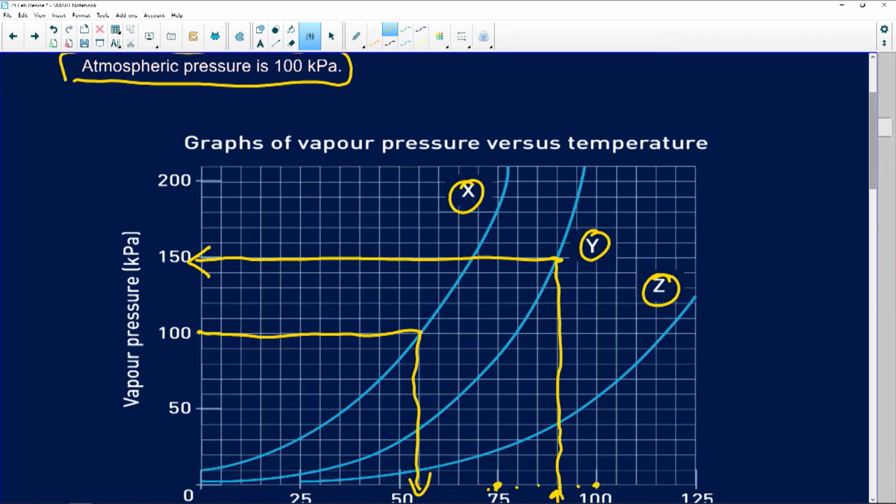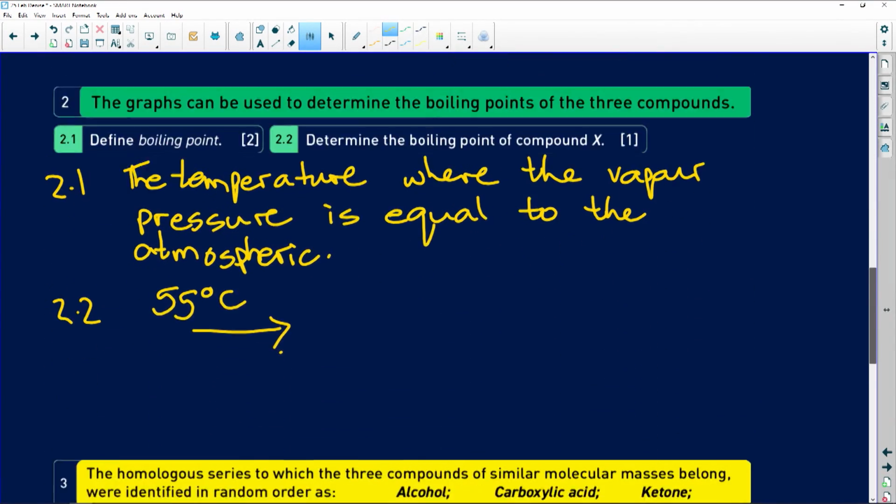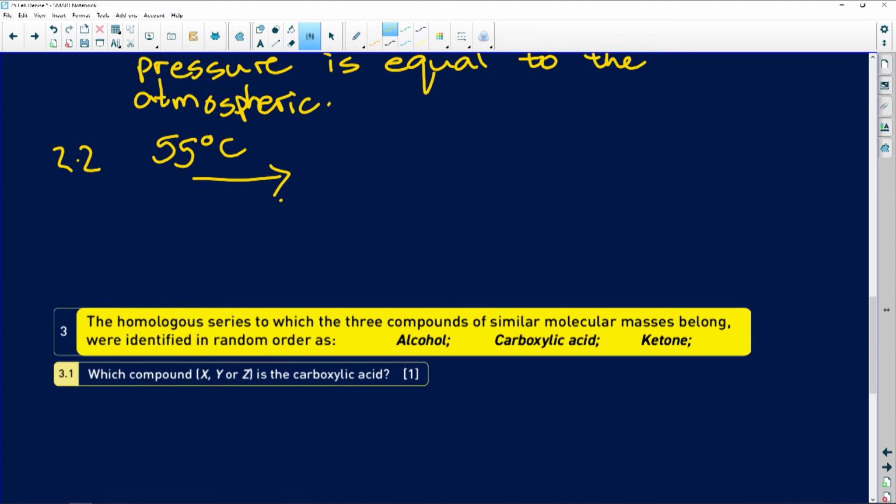All right, so the question here says, which of these do you think will represent the carboxylic acid? Carboxylic acid is going to have two sites for hydrogen bonding, and that just means it's going to be really, really strong.